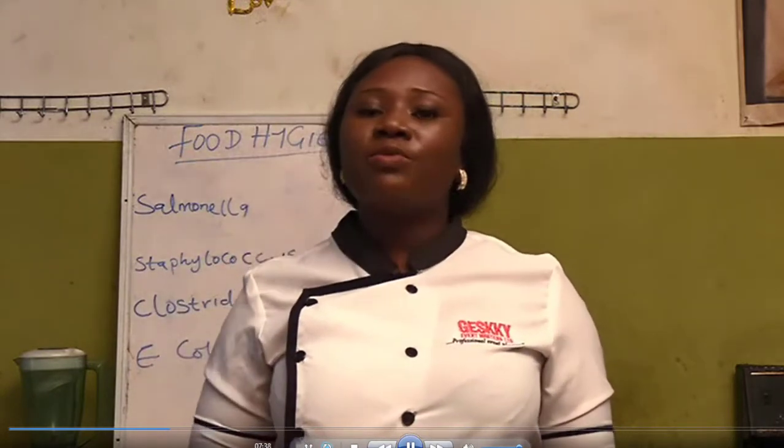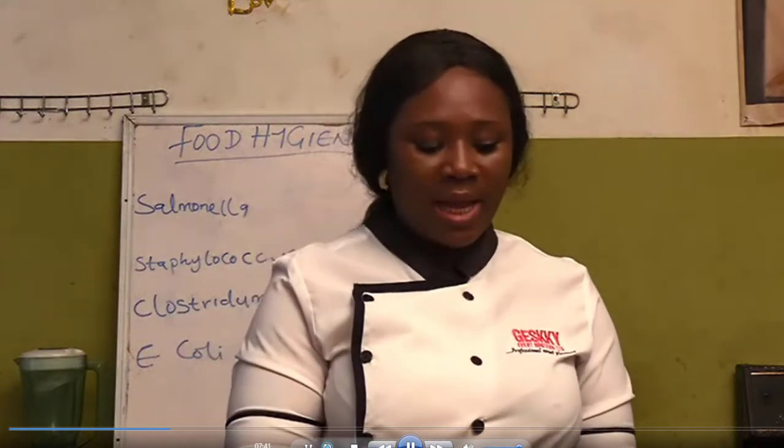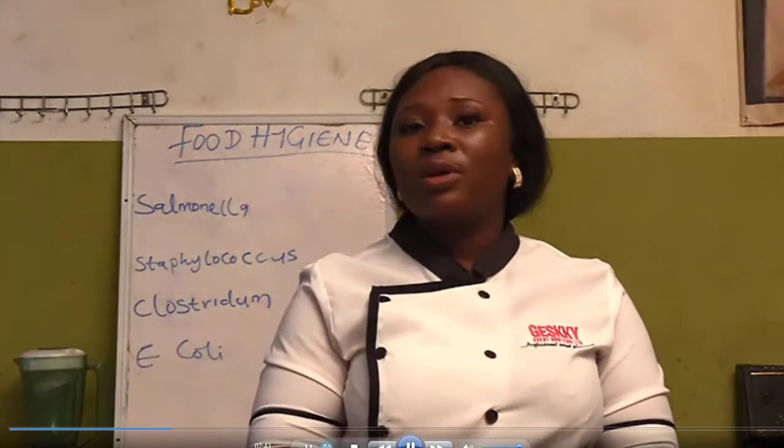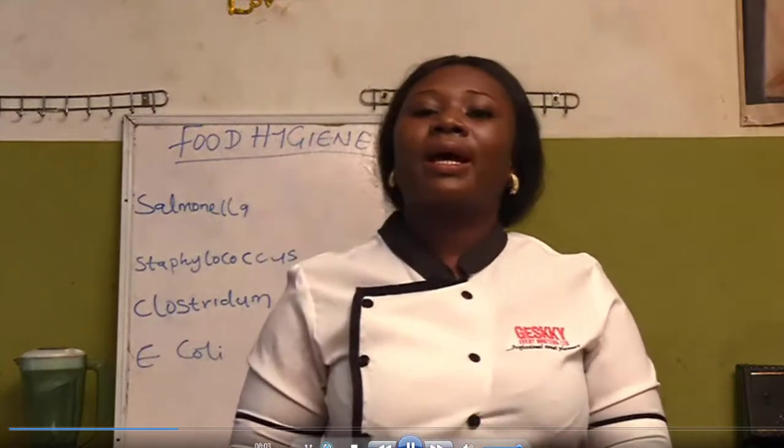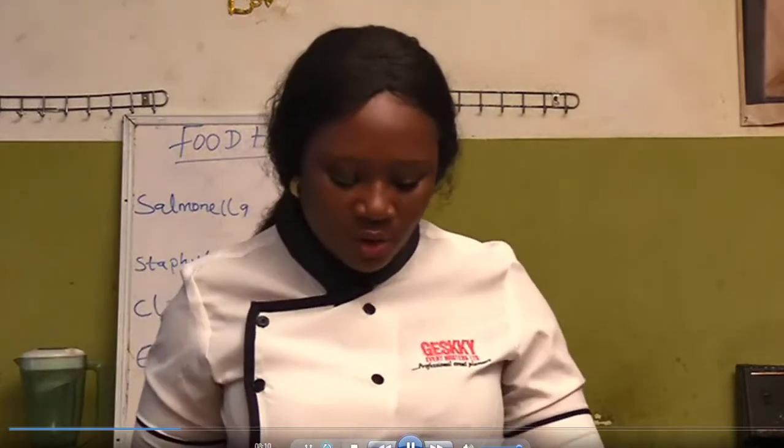For example, if you prepare raw food in a place, do not clean it, and then use it to prepare cooked food, the bacteria from the raw food can affect your cooked food. So it's always good to clean your working surface very well before preparing your food. Make sure you manage your food properly so that you do not transfer bacteria or disease to the food you are preparing for yourself or for others.